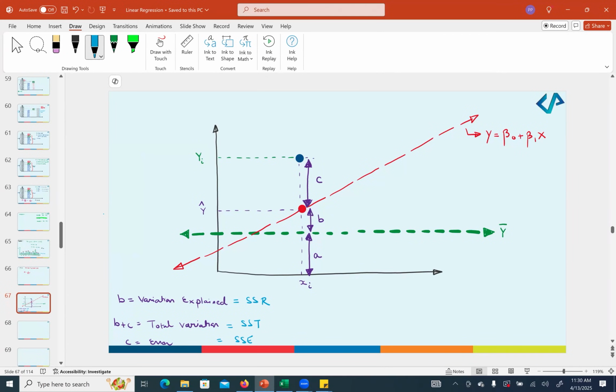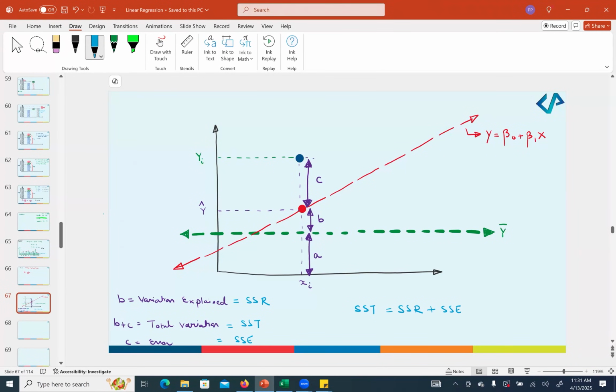There is a relationship between these as well. Again, not important, but good to know stuff. SST, sum of square total, is going to be equal to sum of square regression plus sum of square error, which makes sense as well, I believe.